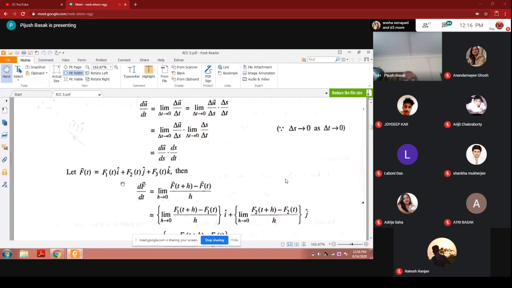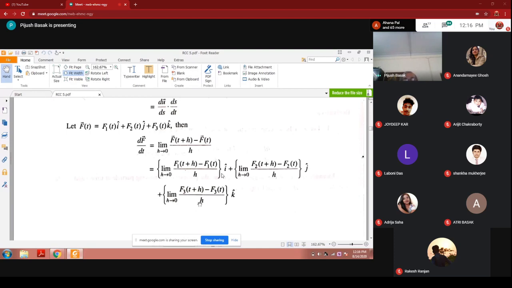You know that df/dt is the limit as h tends to 0, as per differential calculus, of (f(t+h) minus f(t))/h. So it will be separated into three parts, one for f1(t), one for f2(t), and one for f3(t), because f is a summation of f1, f2, f3.